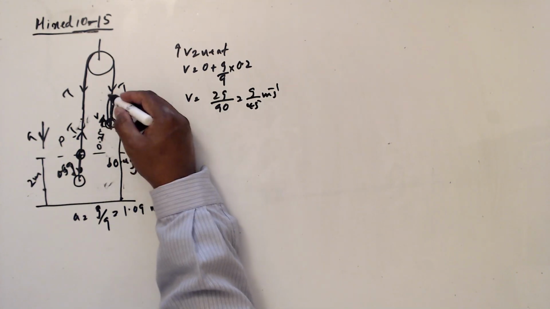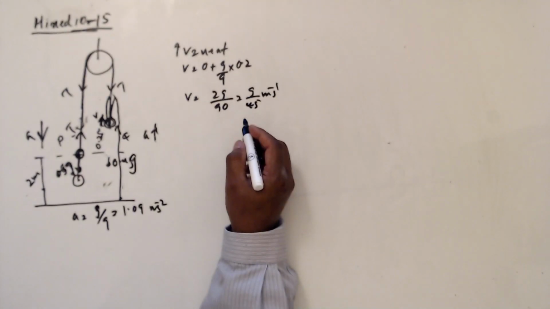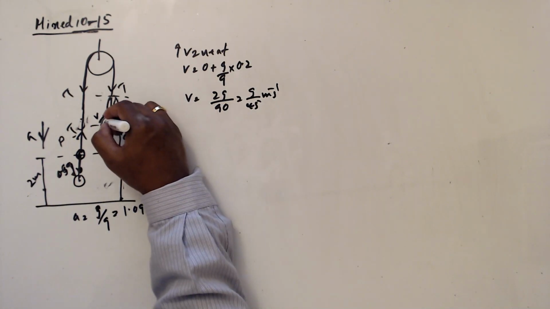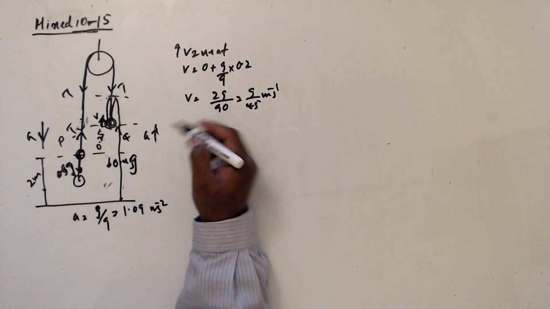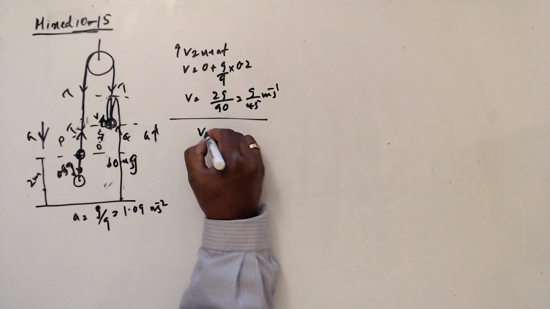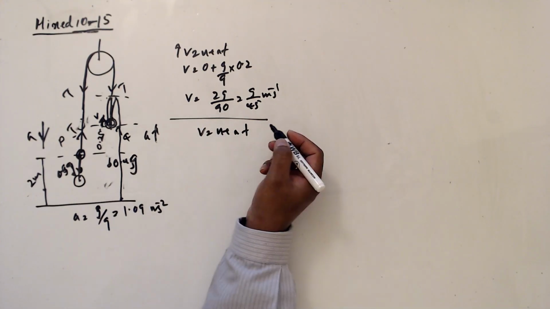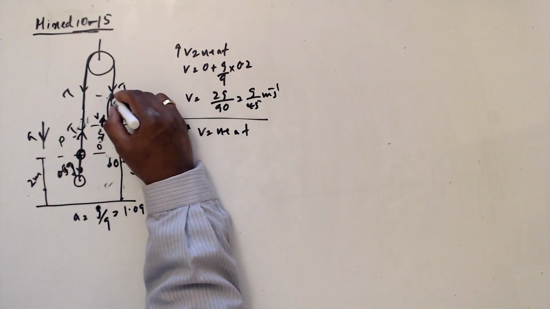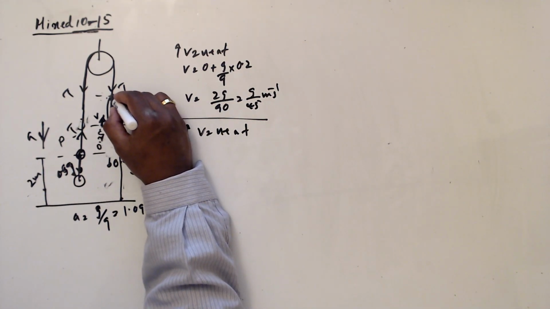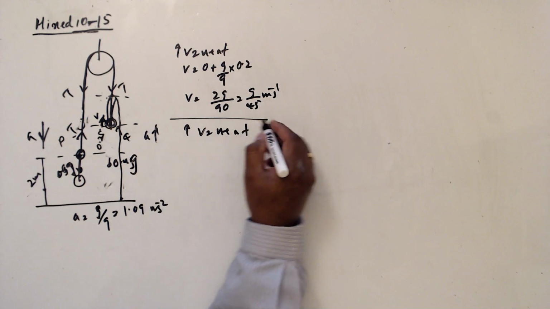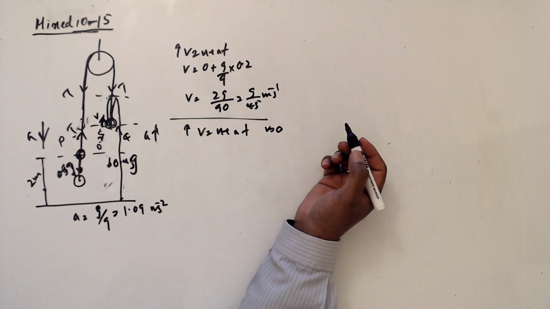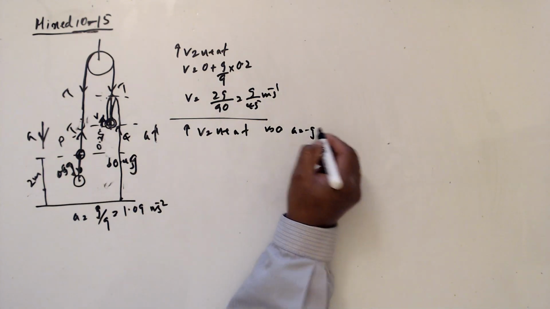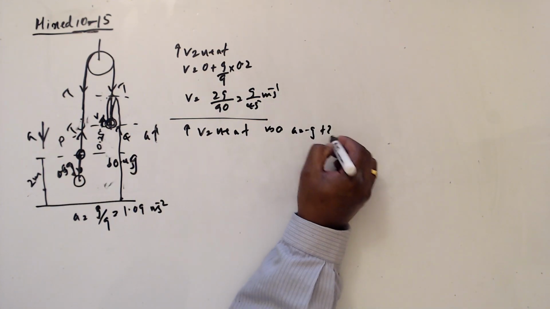Now I need to find the time from here to here. So still we can use v equals u plus at in this direction. We know that when it is at the top, when it reaches the highest point, v is 0, and a is minus g, and t we need to find.